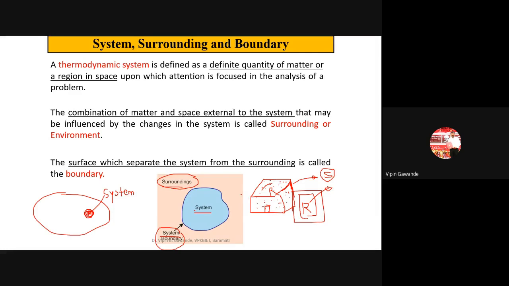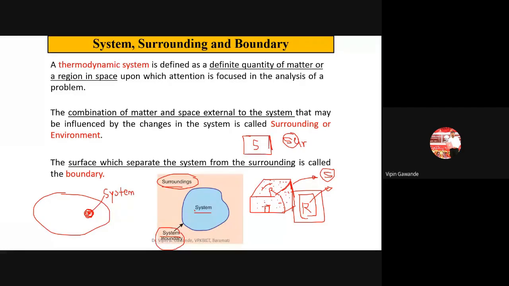In thermodynamics, if we take something to analyze or to study, we call that a system. Everything which is outside that system, we call the surrounding.